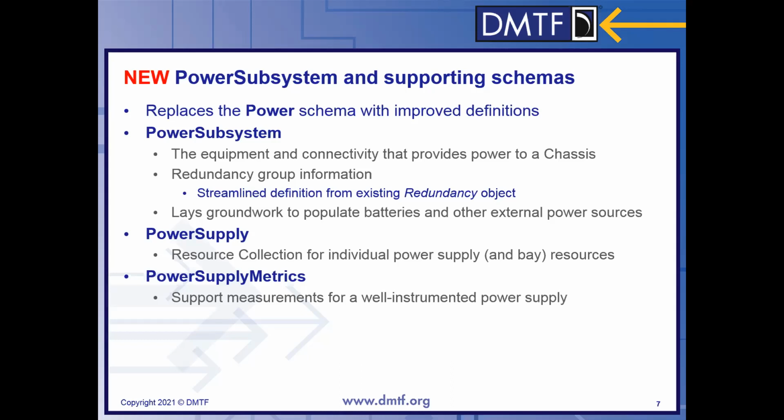So we tried to make ourselves aligned with the latest work so that we have better consistency going forward. But as an implementer, if you are migrating from Power to Power Subsystem, and the same will be true from Thermal to Thermal Subsystem, it will all look very familiar and should be mostly a bunch of block copies and not wholesale throw out and start over from scratch.